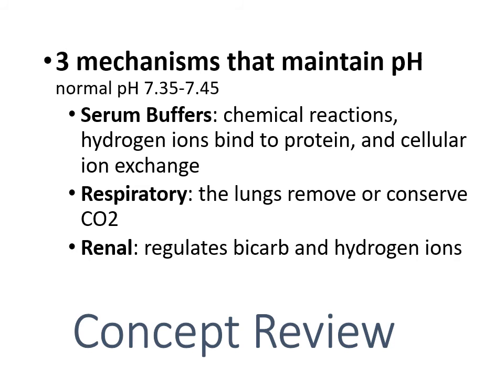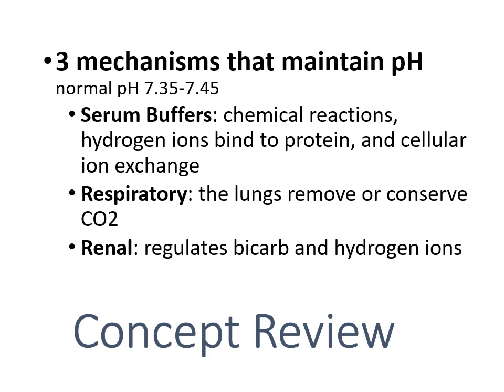When you have a pH of 7.0, you're going to be sick. And the reason for this acidosis is because this person forgot to take their insulin, and they are now in a condition called diabetic ketoacidosis. So we're going to concentrate on the low pH.